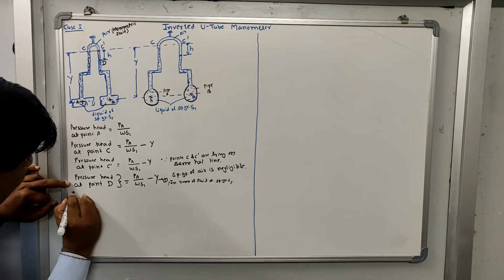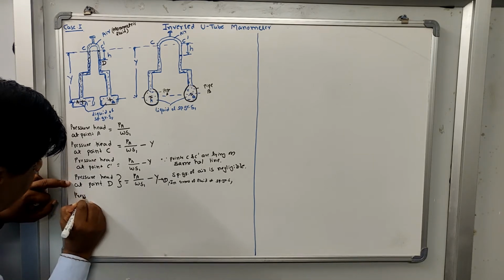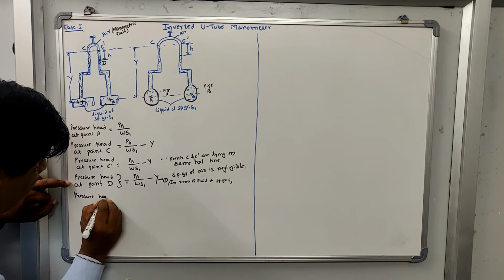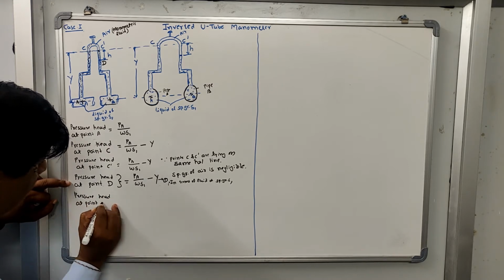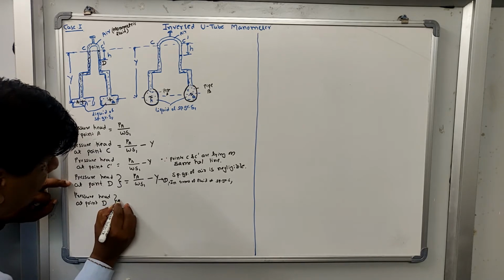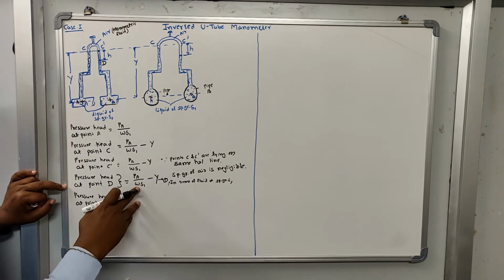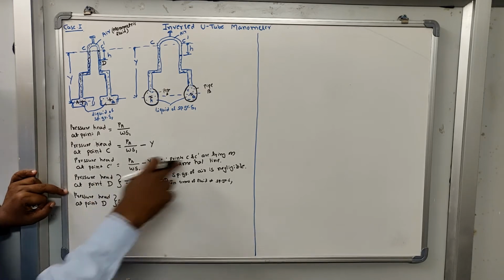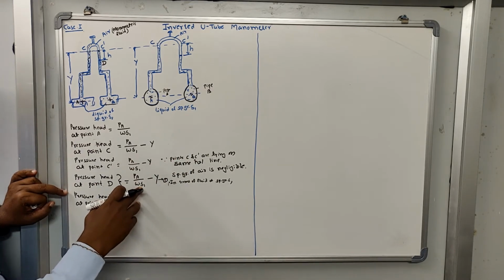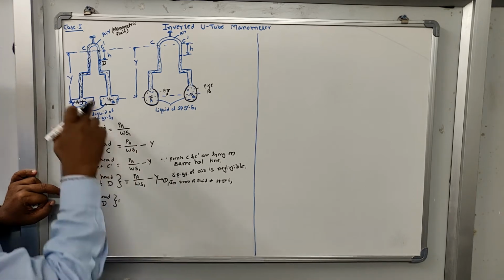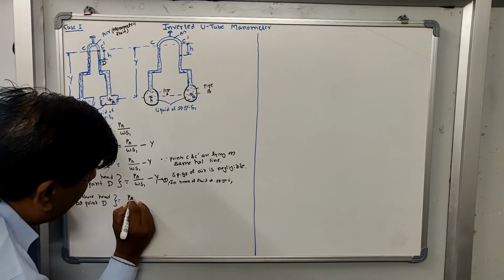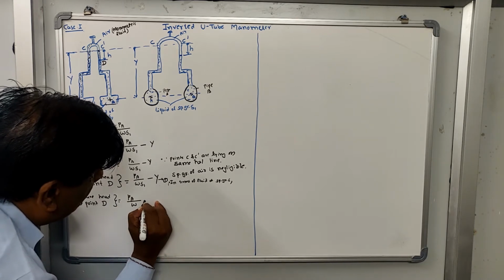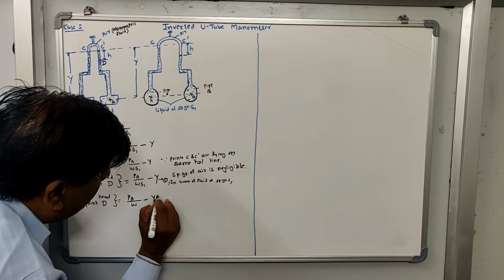So now what is the pressure head at point D in terms of water? If you want to know this pressure head in terms of water, you multiply by S1. What is S1? S1 is the specific gravity of the fluid which is running inside the pipe. So it is PA by W minus Y S1.